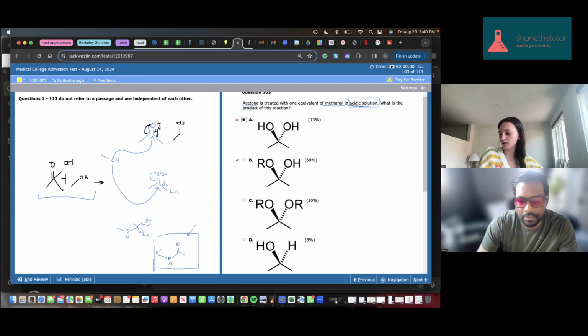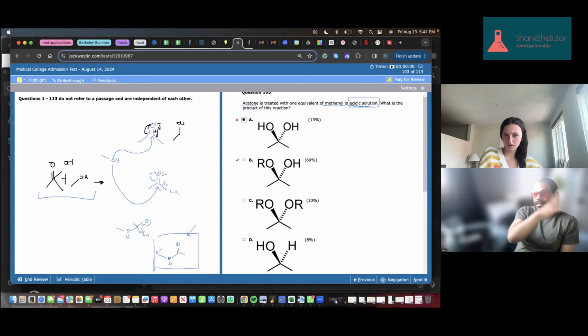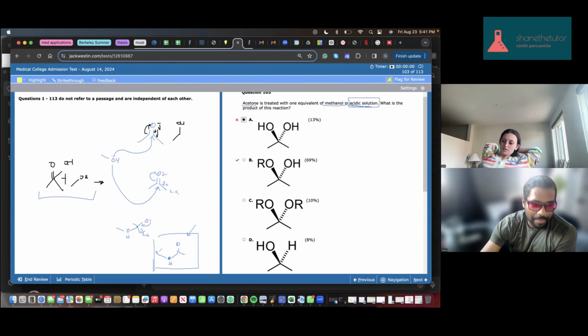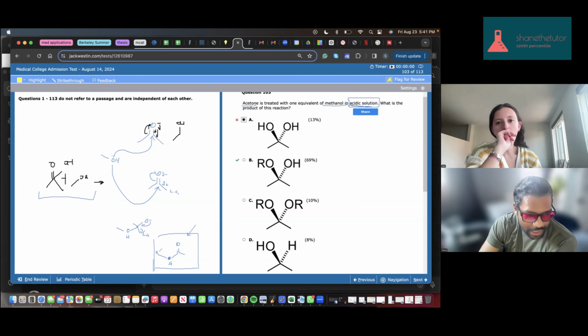What's the one, the acetoacetic acid that we drew that was like oxygen and then an extra thing? Yeah, the acetoacetic acid would be like the acetone portion and then the carboxylic acid portion. Okay, so that's wrong. But so this acidic solution, that means this step here, right?